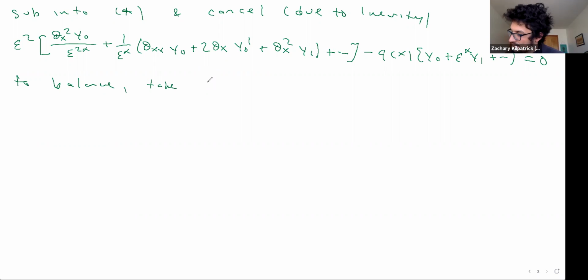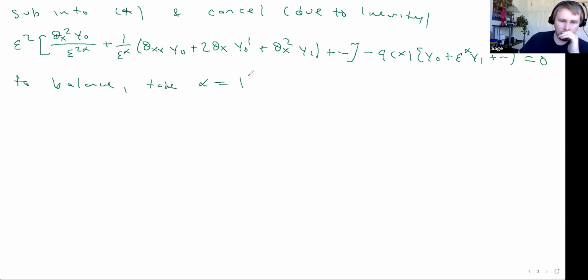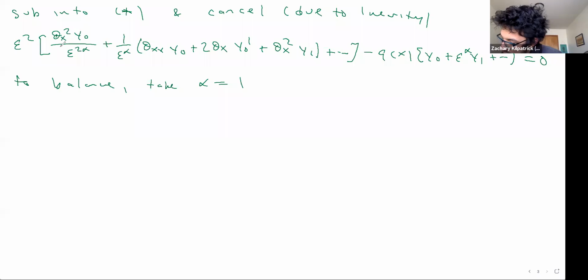One. Yeah, let's take alpha equals 1, because if we cancel this epsilon to the 2 alpha with an epsilon squared, we'll get just an order 1 term here. So at order 1, we're going to have this special equation, which is theta x squared times y0, minus q of x times y0.